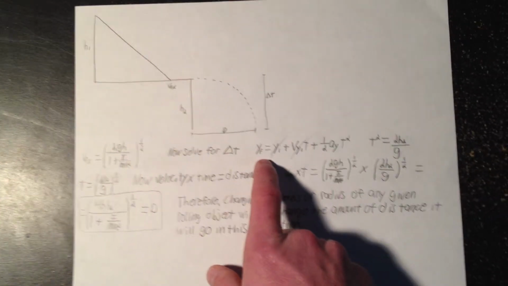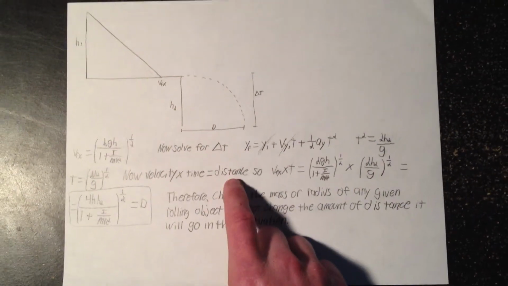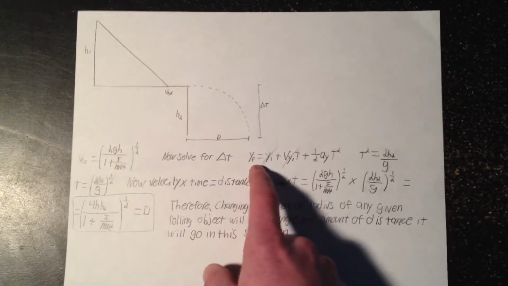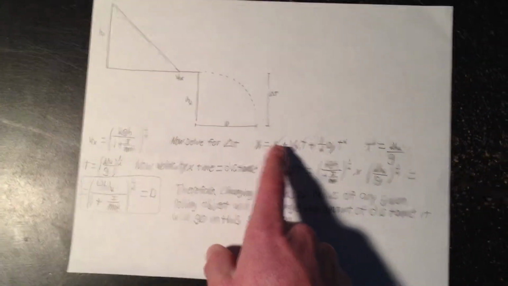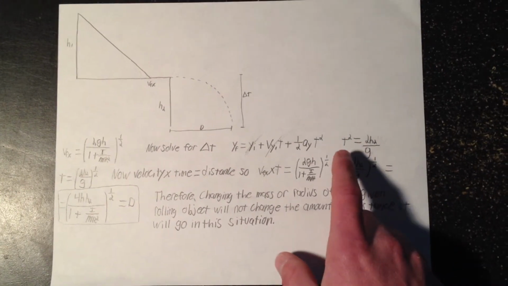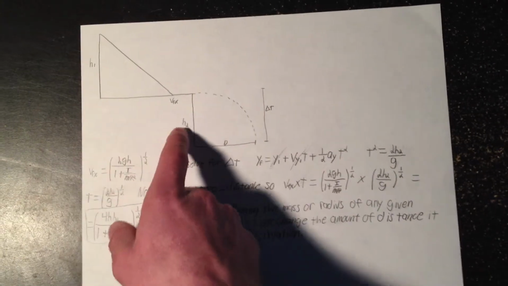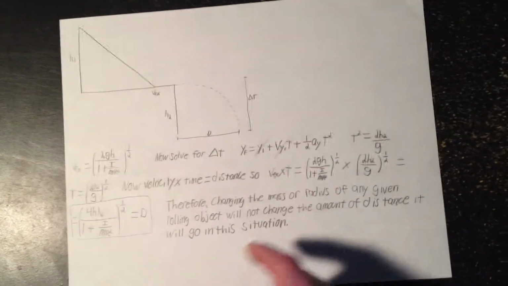So to do that, we use one of the kinematic equations for motion, which is right here. These two are both equal to 0 in this case, so we get t squared equals 2h2 over g, where this is h2 and this is h1.